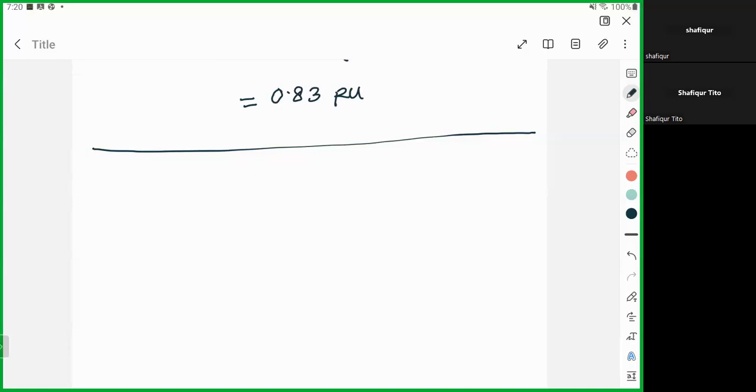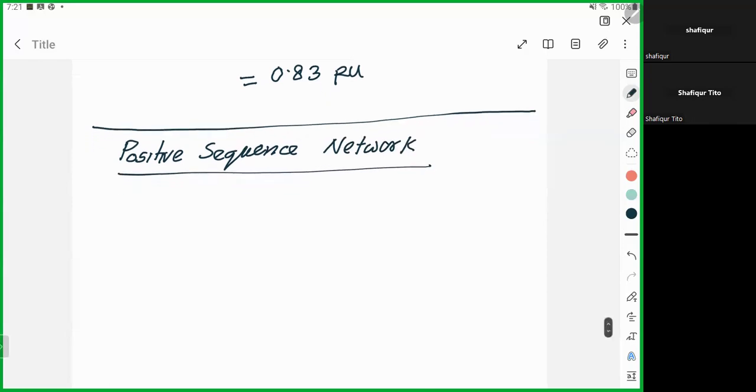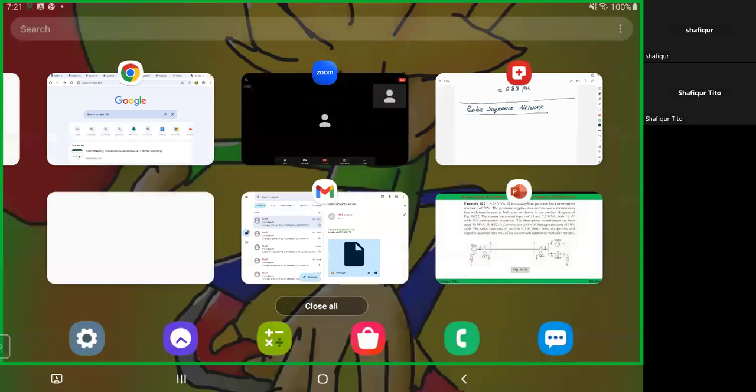Ideally, practically, it will be different, but for this problem, we have taken the same value. So positive sequence network. We can derive from this one. So first one, if we take a look, so let us just share the network now.